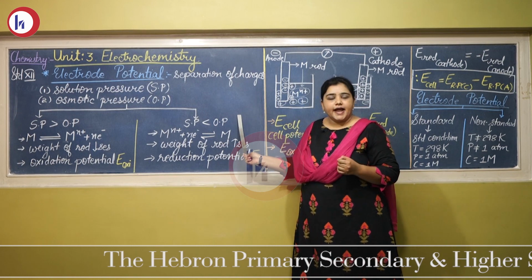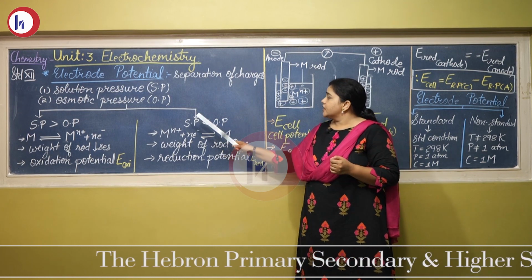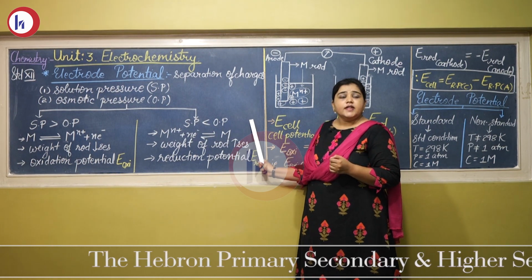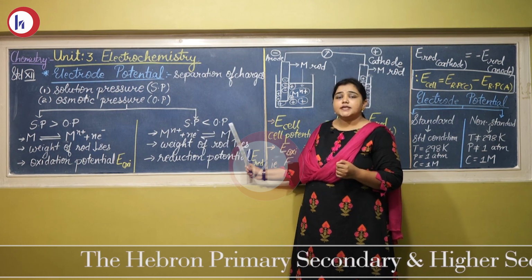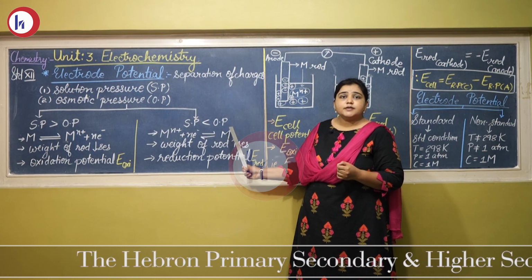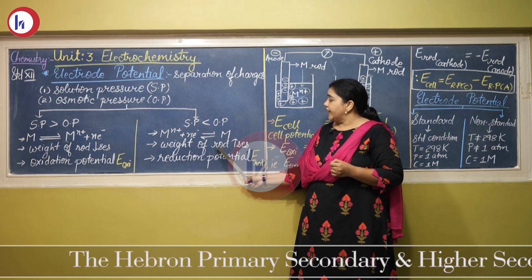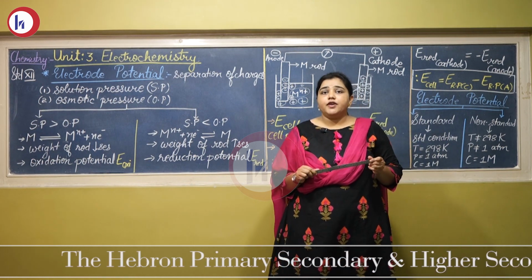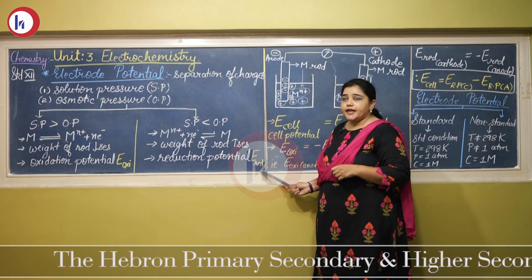What determines that in a given half cell reduction occurs? When the solution pressure is less than the osmotic pressure, then the metal ions from the solution will accept the electrons and get deposited as metal on the surface of the cathode. As a result, the weight of the cathode increases and the potential difference that is developed is termed as reduction potential, represented like this.